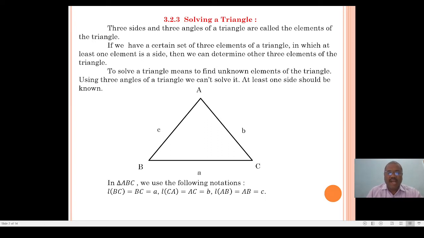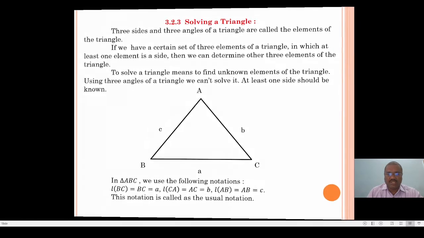We denote the angles of the triangle by capital letters and the side opposite to that angle by the small letter with the same name. For example, we denote the angle A by capital A, and the side opposite to angle A is denoted by small a. So this notation is called the usual notation.